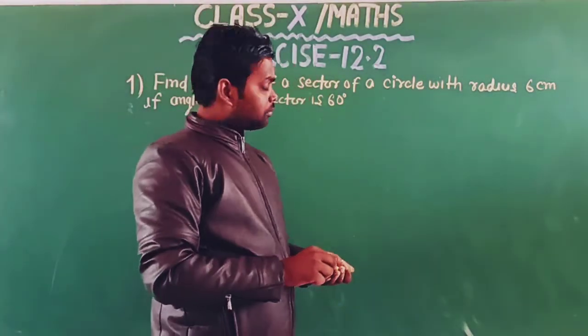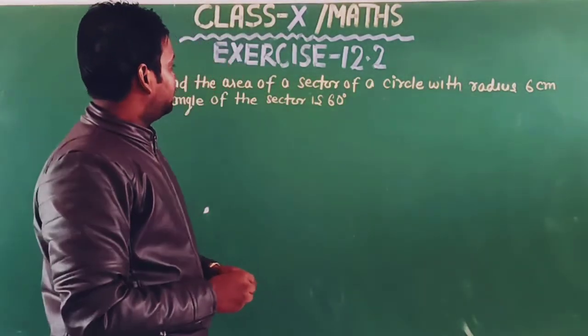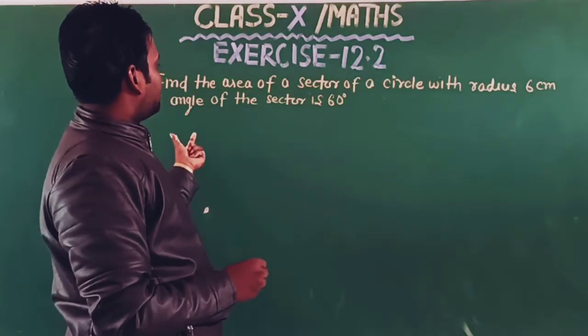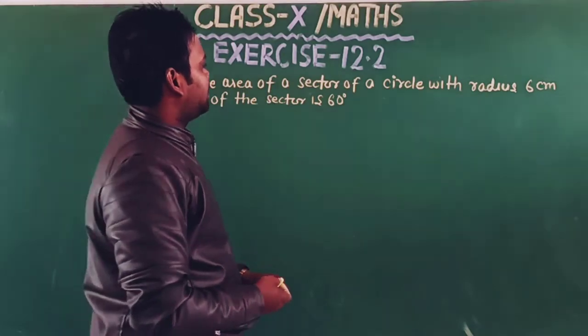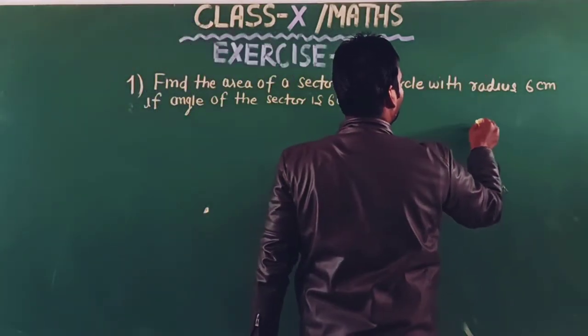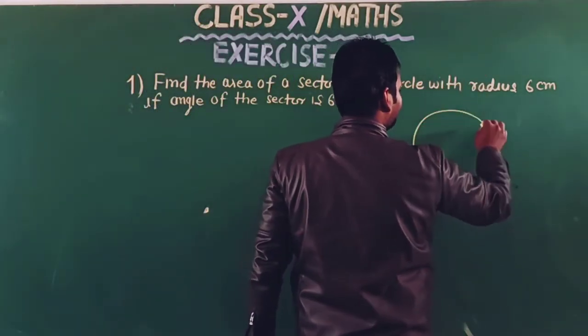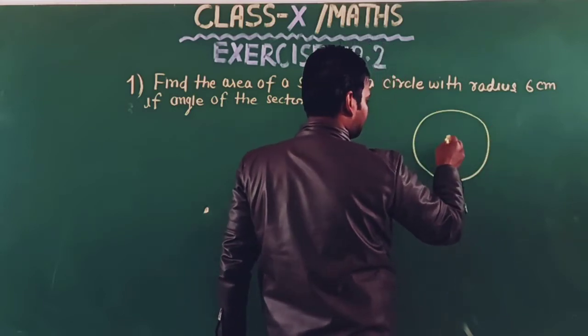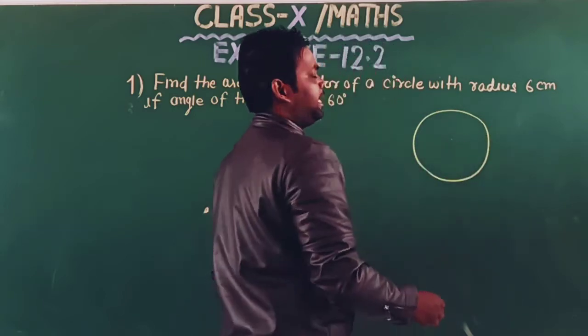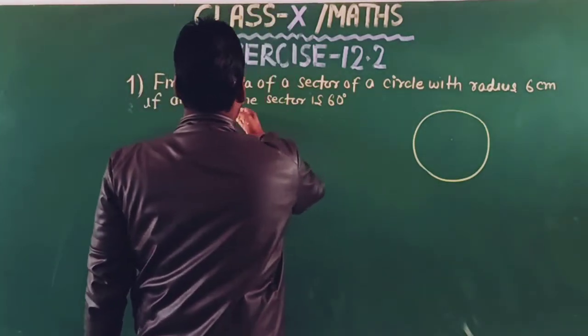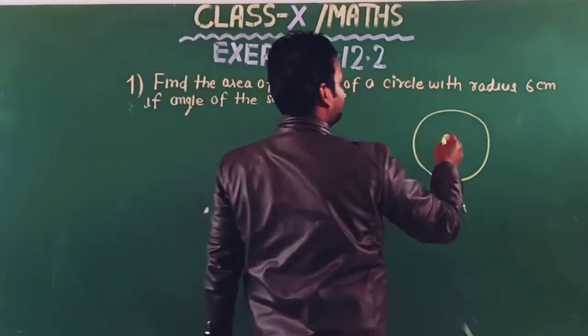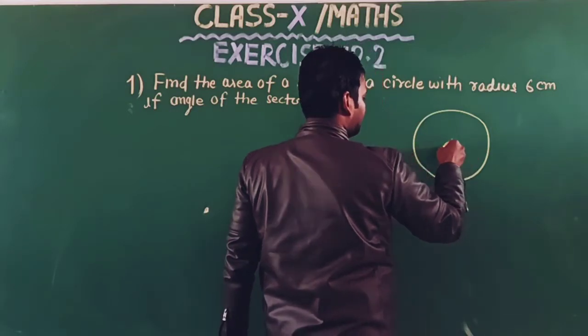So in this question we have to find the area of the sector of the circle, and we are given the radius is 6 centimeter and angle of the sector is 60 degree.